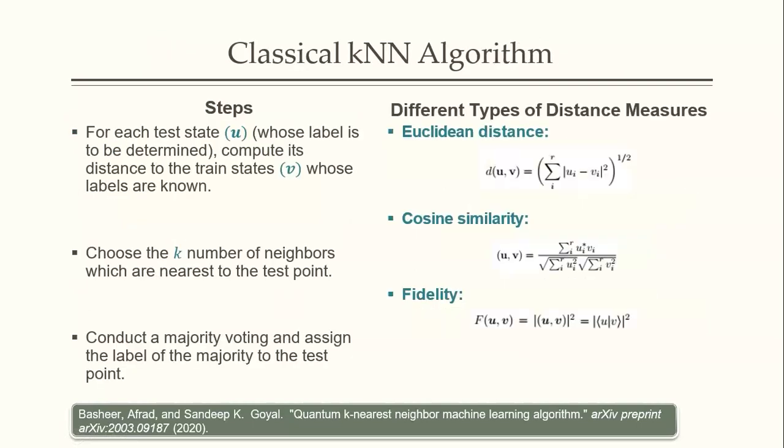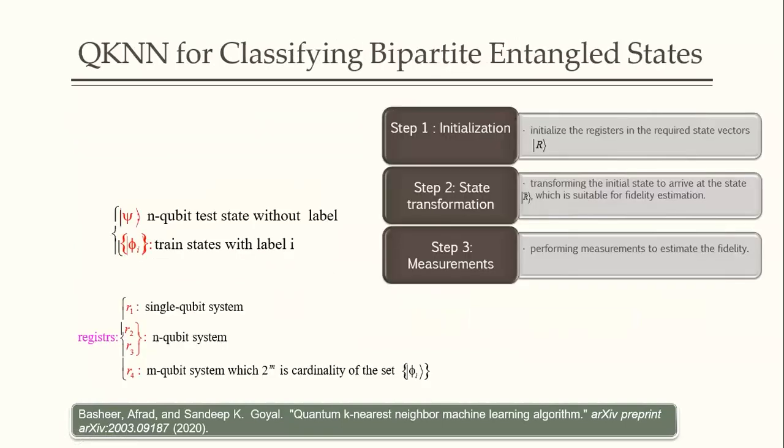Similarly, these steps use different types of distance measures: Euclidean distance, then cosine similarity, then fidelity. Similarly, step 1 is initialization, step 2 is state transformation, and step 3 is measurement.